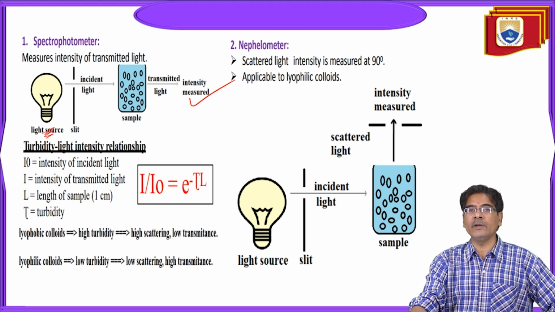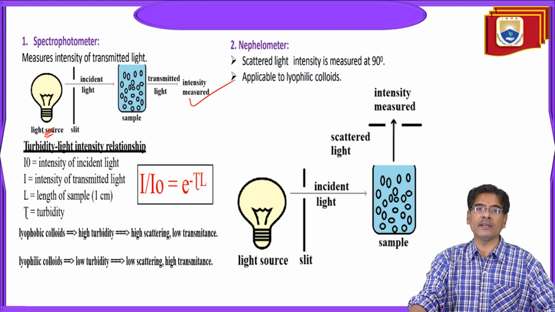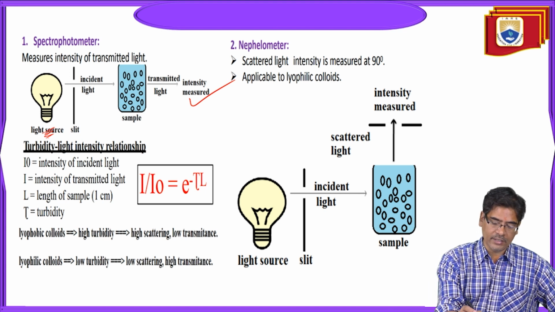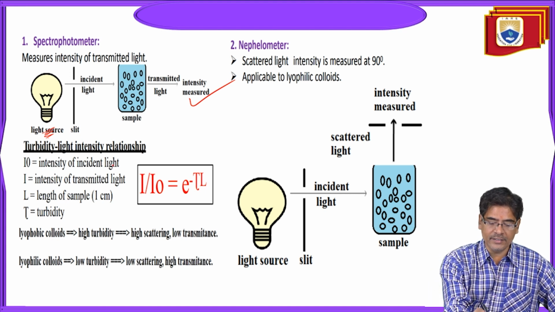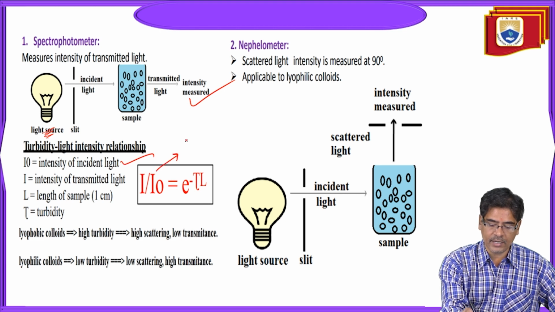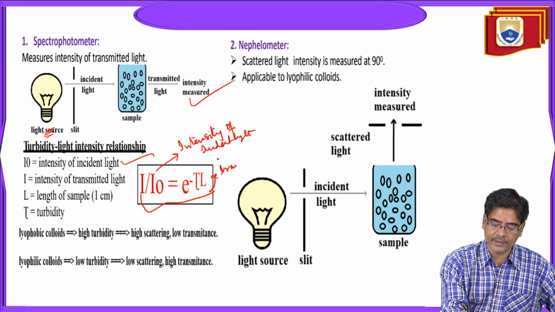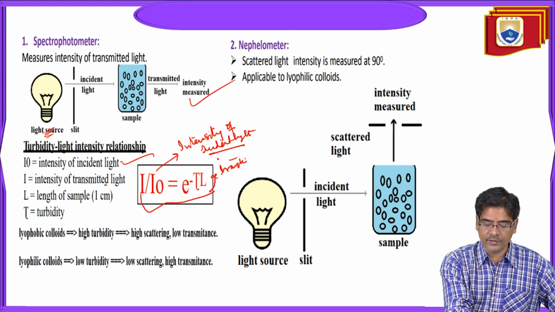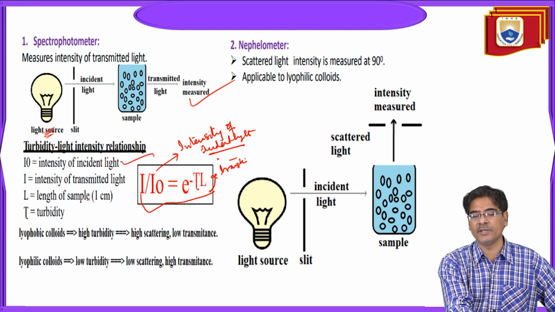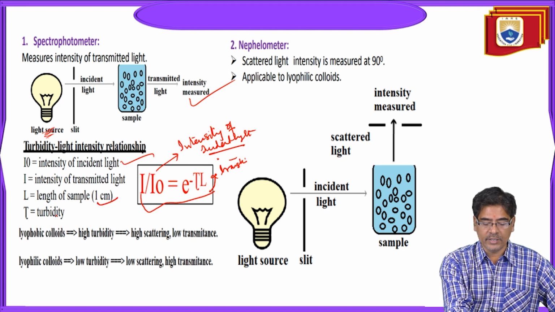The turbidity intensity relation is given by I by I naught, where I naught is the intensity of the incident light, I is the intensity of the transmitted light, and L is the length of the sample, approximately 1 centimeter, and tau is the turbidity factor.